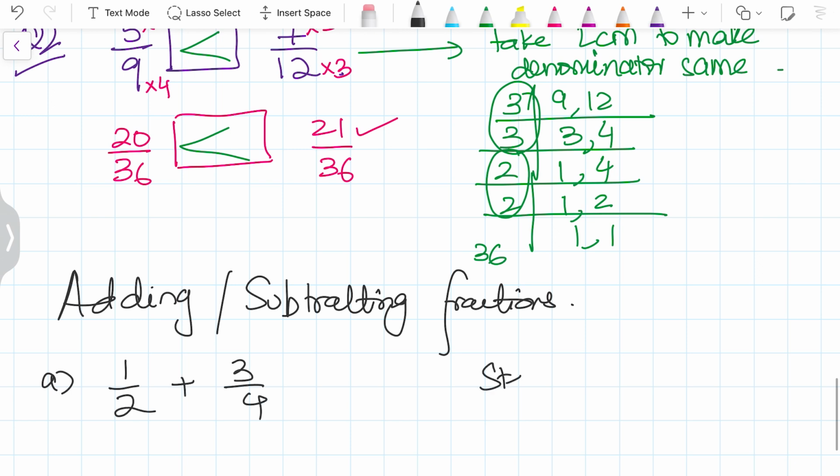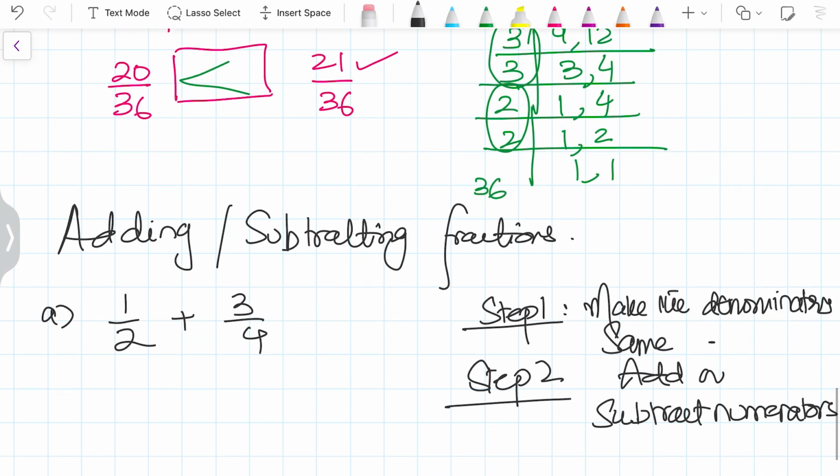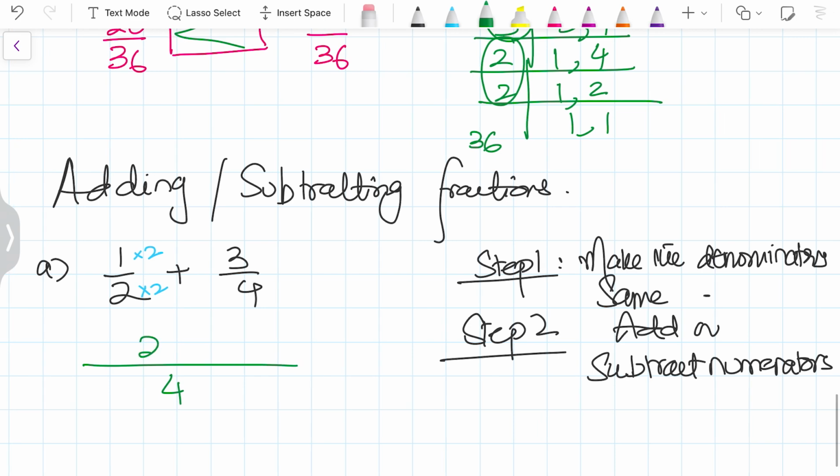So the step 1 is make the denominator same. And then add or subtract the numerators. Alright, so multiply by 2, because I can make this 2 a 4. 2 plus 3 gives you a 5 upon 4.